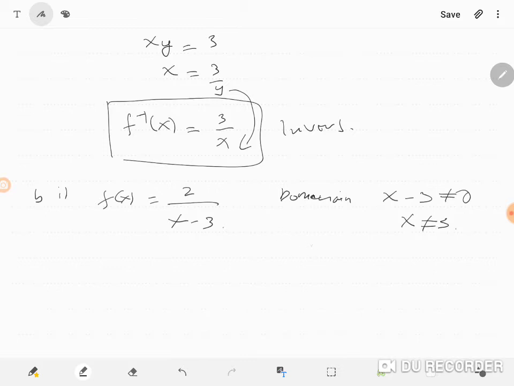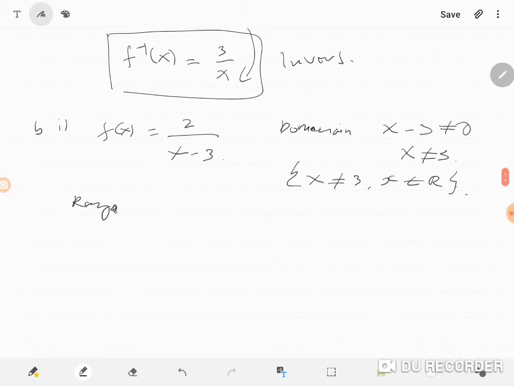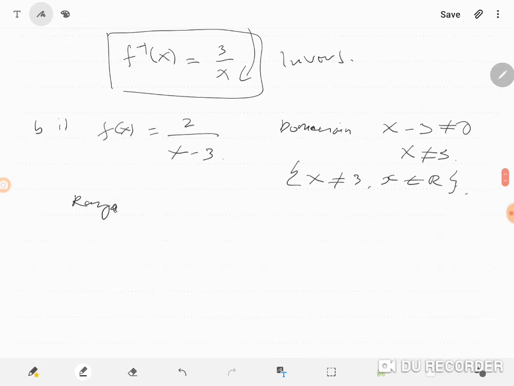The domain is x not equal to 3, x an element of the real numbers. For the range, find the horizontal asymptote. The numerator is less than the denominator for the power of x. It simply means that y not equal to 0 and y is an element of the real numbers.